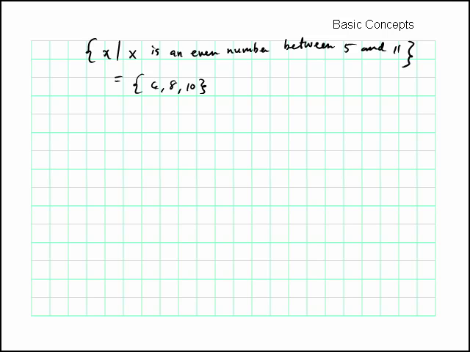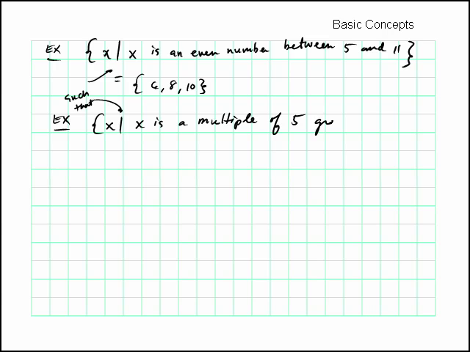Here's another one. All x's such that, remember that this bar means such that, x is a multiple of 5 greater than 0.